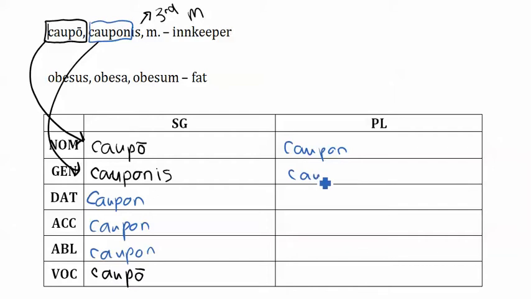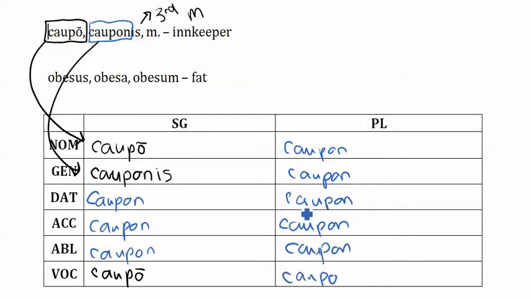If this had been a neuter word, I would have my nominative singular form also in the accusative singular, but because it's masculine and feminine, that does not apply. Now that I've just about finished writing my stem in, I'm going to come back and switch colors, and now I'm going to put on the endings from this chart, third declension masculine, which means in the dative, I want a long i, accusative, em, ablative, short e.